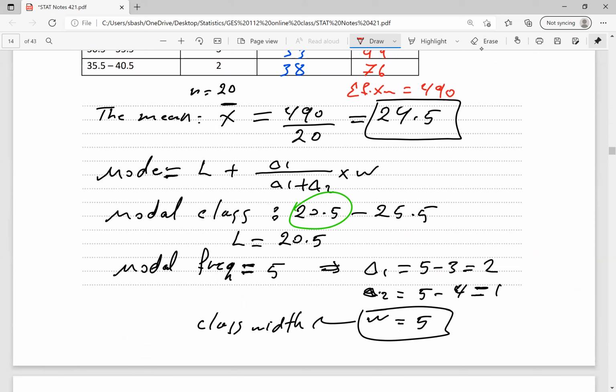Then we apply the formula L plus delta 1 over delta 1 plus delta 2 multiplied by the class width, which in our case is equal to 5.